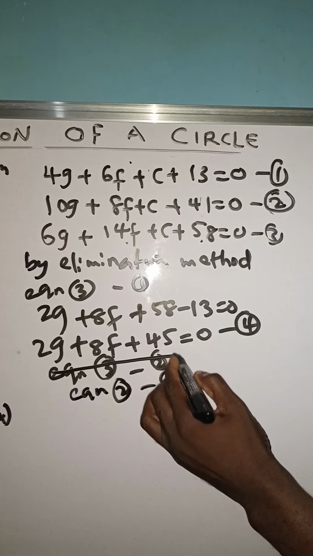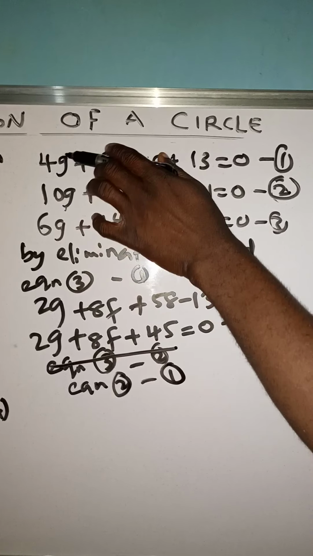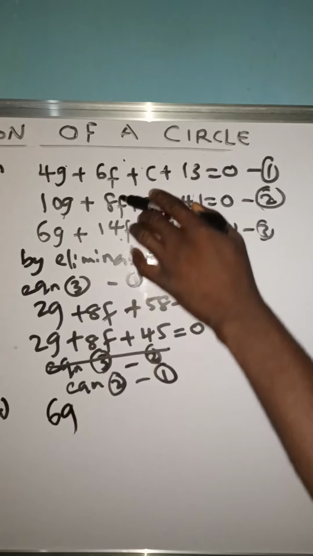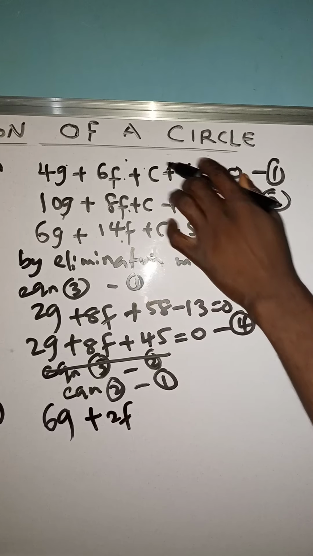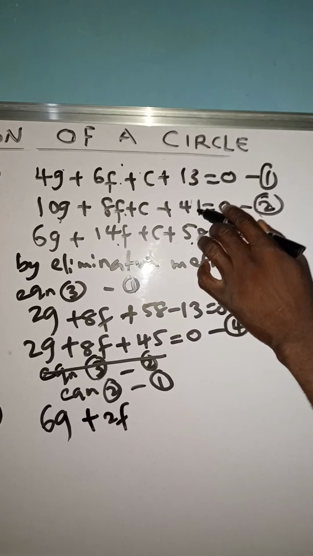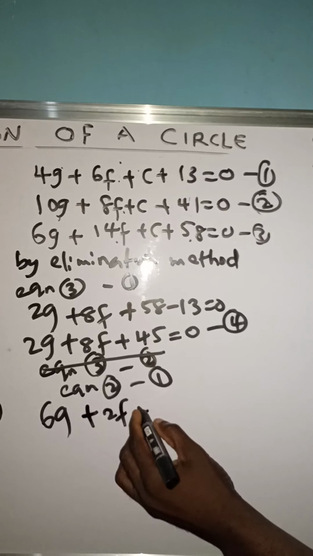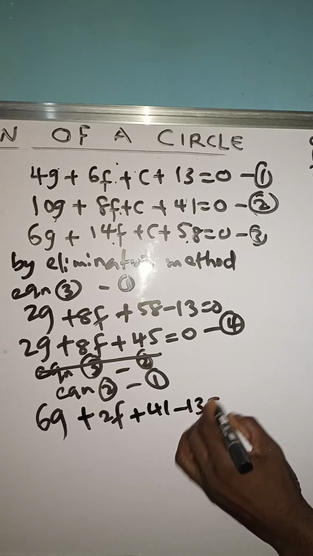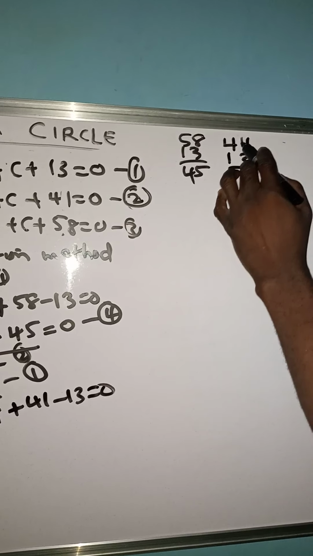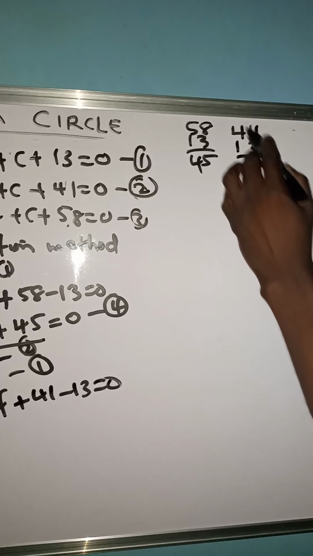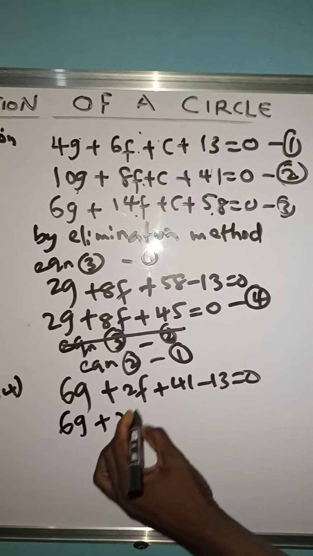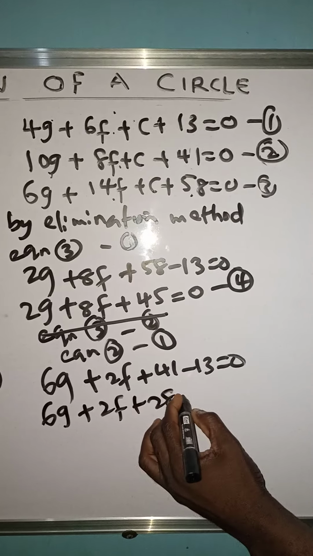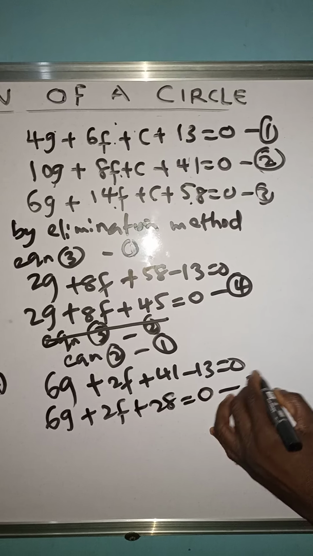So 10 minus 4 will give you 6g. 8f minus 6f gives you 2f. c minus c is 0, that will be eliminated. Then you have 41 minus 13, which is 28. So 6g plus 2f plus 28 equals 0, a new equation 5.